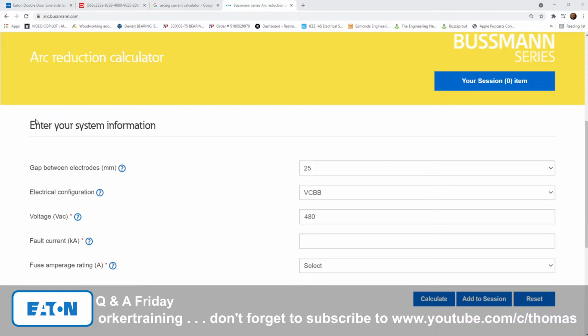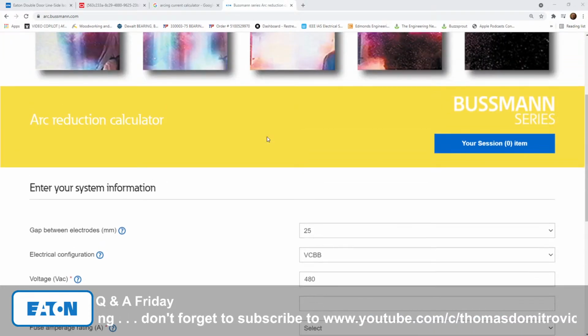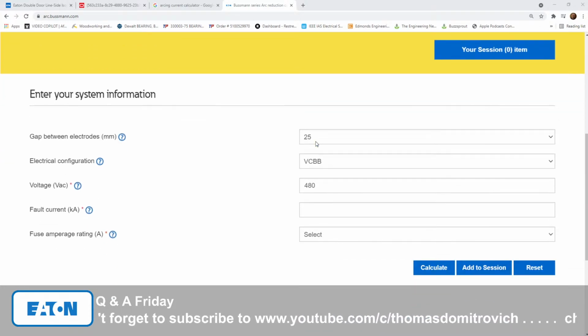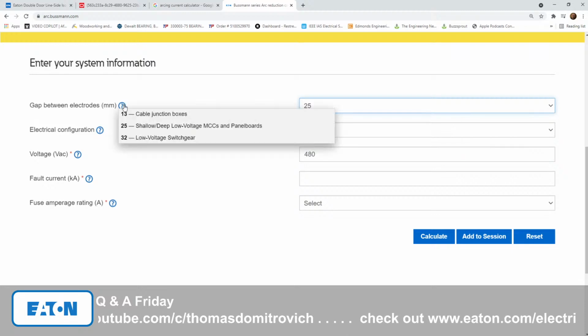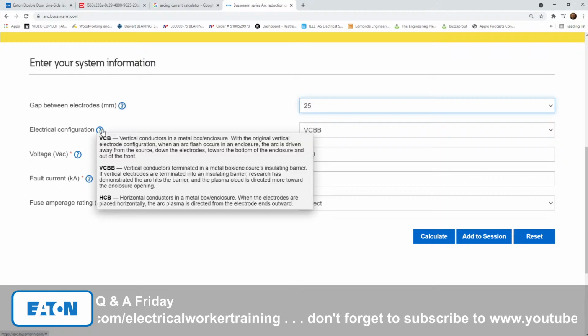Yeah, arc.bussmann.com. Basically, this is an arc reduction calculator. You put in the information associated with the equipment. 25 is a shallow, deep, low voltage MCC or panel board. 13 is your cable junction box. 32 millimeters is your low voltage switchgear. So if I had a panel board, I would put 25. Electrical configuration will be your VCBB, VCB, or HCB. I only put those three in there.